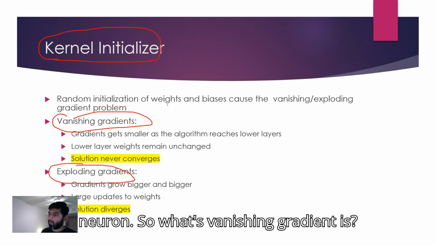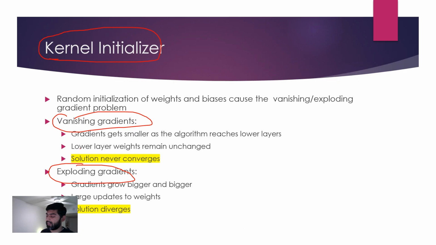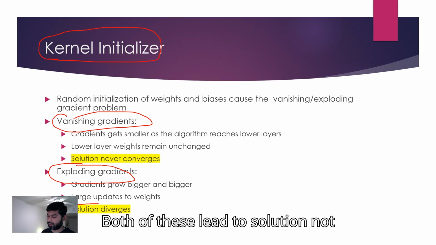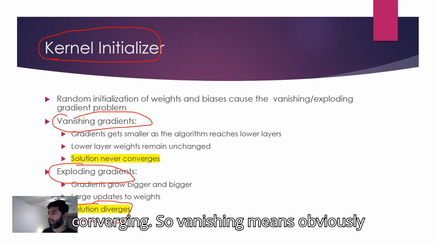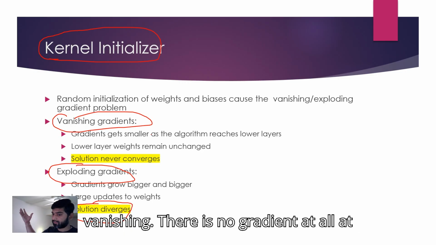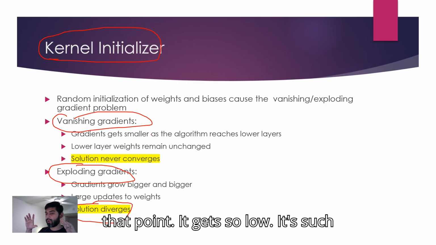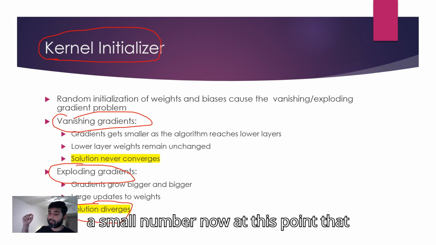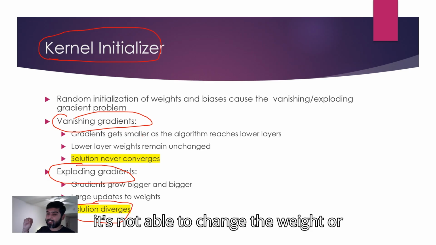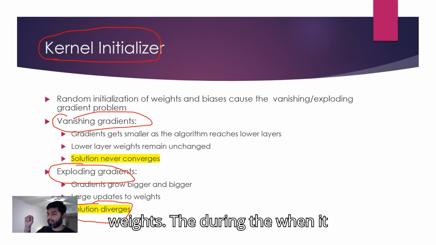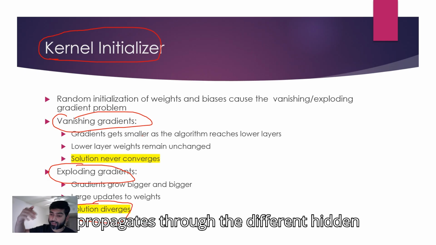So both of these lead to a solution not converging. Vanishing means obviously vanishing. There is no gradient at all at that point. It gets such a small number that it's not able to change the weights when it propagates through the different hidden layers and different neurons.